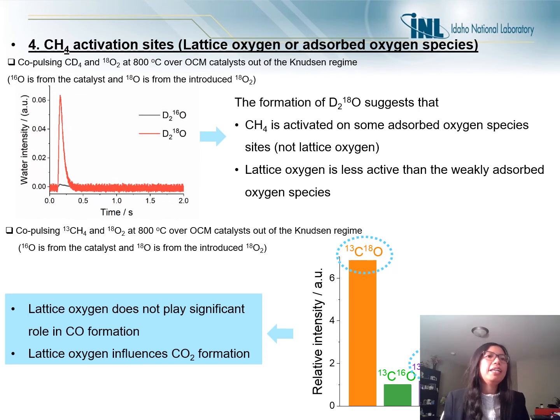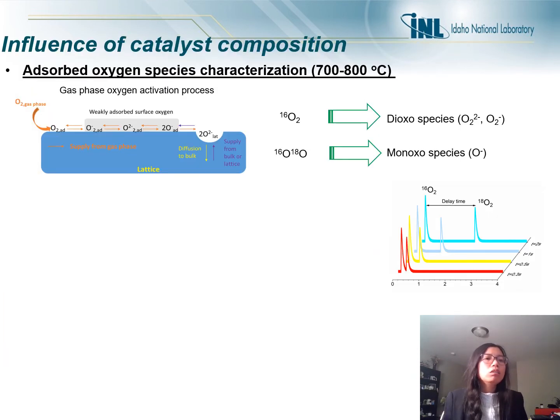This result highly suggested that lattice oxygen does not play a significant role in CO formation. However, the lattice oxygen influences CO2 formation. The weakly adsorbed oxygen species exists during the gas phase oxygen activation process.